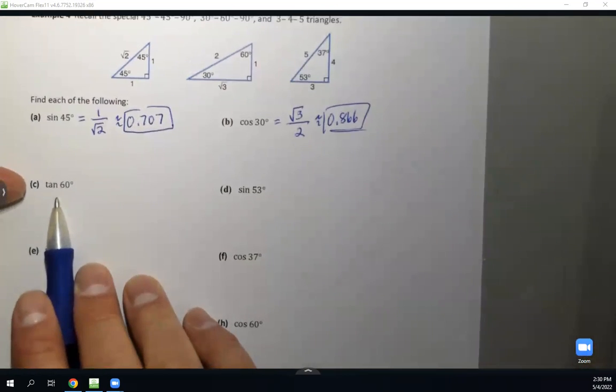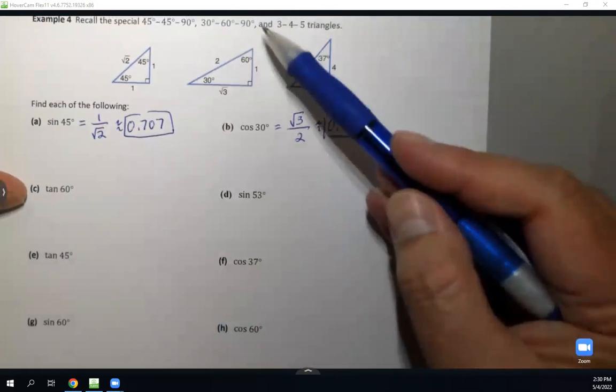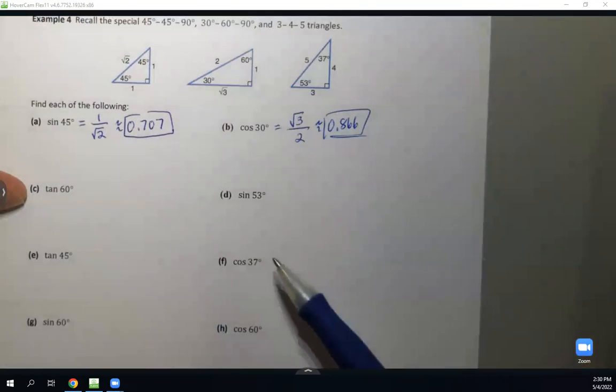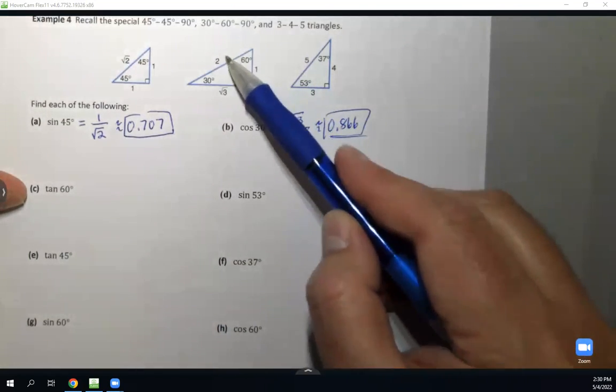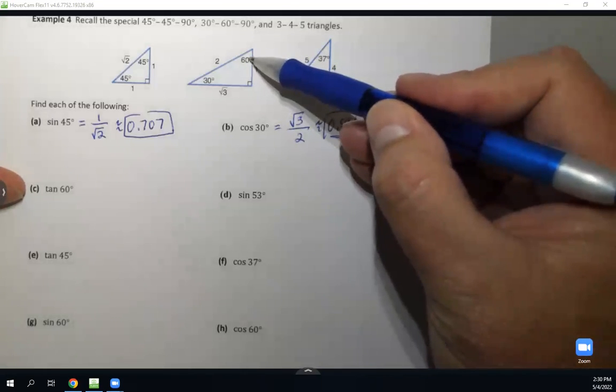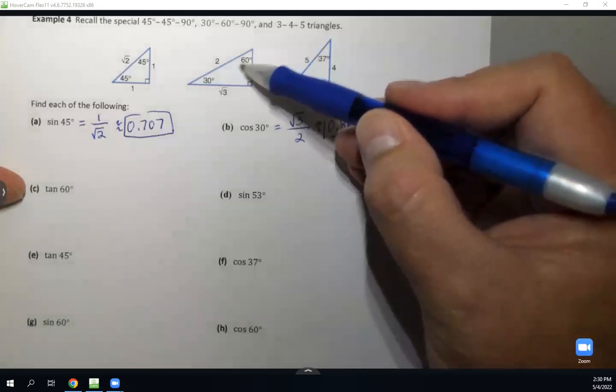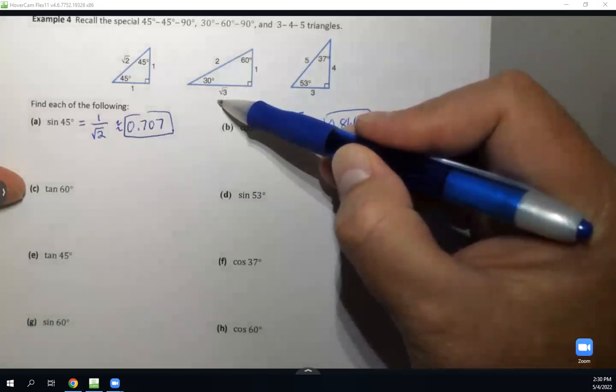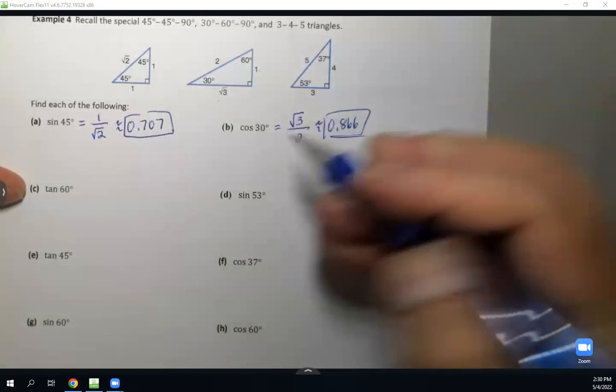The tangent of 60 degrees. I picture my 30-60-90 triangle, and again it's going to be 1, 2, square root of 3. For the tangent of 60 degrees, tangent is opposite over adjacent. So the square root of 3 is the opposite over 1 as the adjacent.